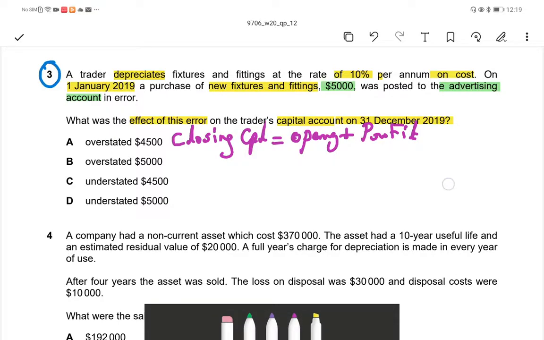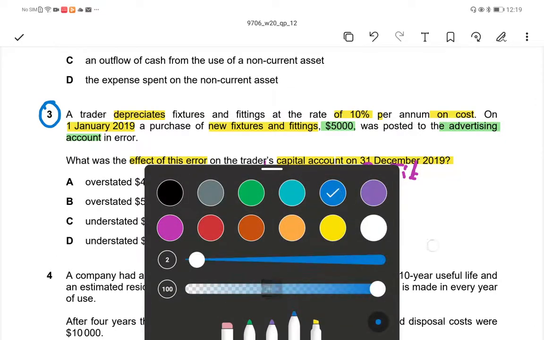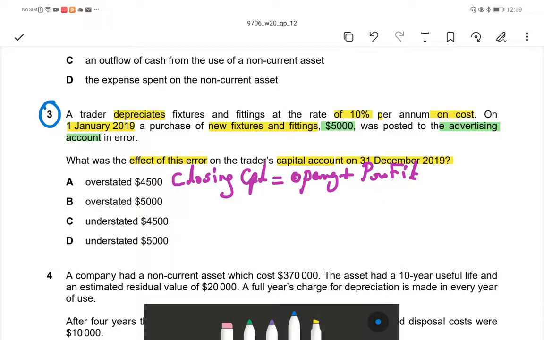The depreciation percentage is 10%. Actually it should be shown in the income statement. 10% of 5,000: the depreciation is 5,000 into 10 by 100, which is 500. They should have shown depreciation of 500, but they didn't.